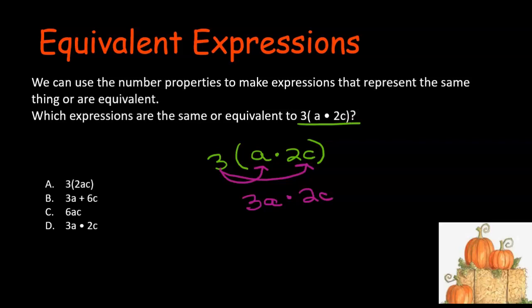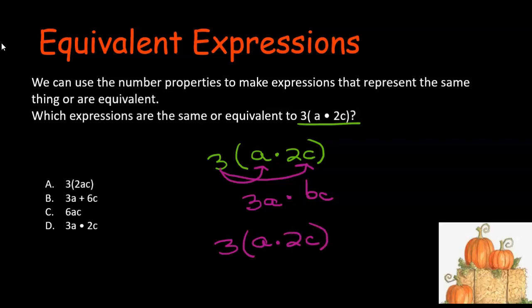But when we multiply those together, 3 times 2, we can multiply the 3 times the 2 and get 6C. There we go. So 3A times 6C is the same as 3 times A times 2C.